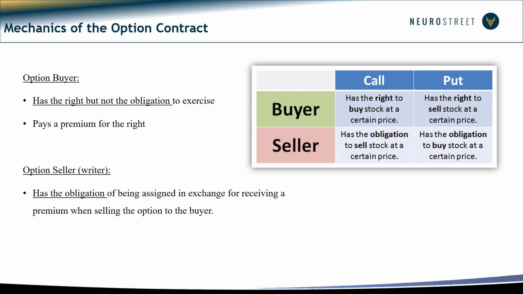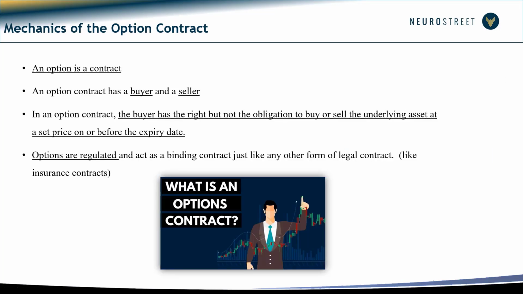So, real simply, a buyer of a call option has the right to buy the stock at a certain price. A buyer of a put option has the right to sell the stock at a certain price. Remember on the previous slide, it says you have the right but not the obligation to buy or sell.